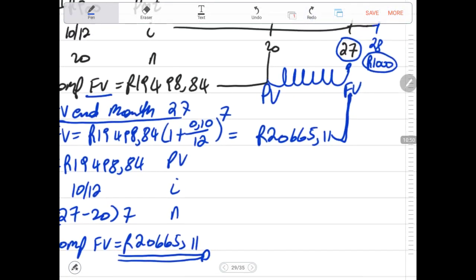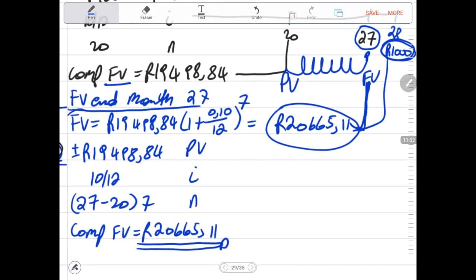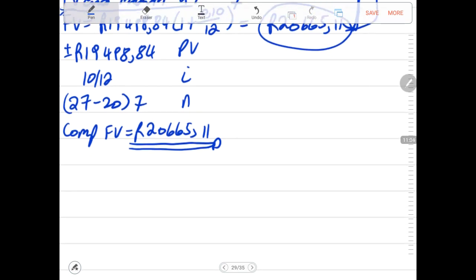Now that we know how much is in the account at the end of month 27, we need to calculate how many 1000s can be withdrawn from this amount from month number 28 up until where we don't know. So now we're calculating our n. We know our PMT is 1000. The amount in the investment is still earning interest at 10% divided by 12.